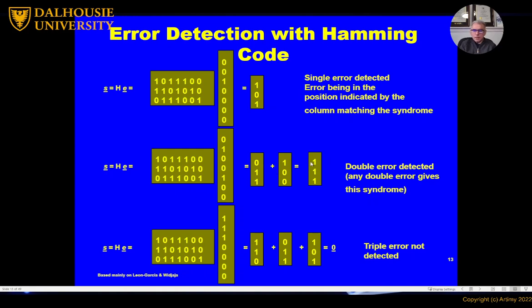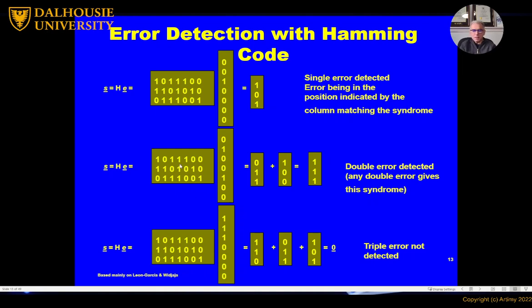The problem is, because I know the result, I know that 111 is the result of these two columns, but the system will not know. Is it the result of 110 plus 001? Is it the result of 101 plus 010? The system doesn't know. It knows only that the end result is 111. So it is able to detect the error, but it's not going to be able to correct it.